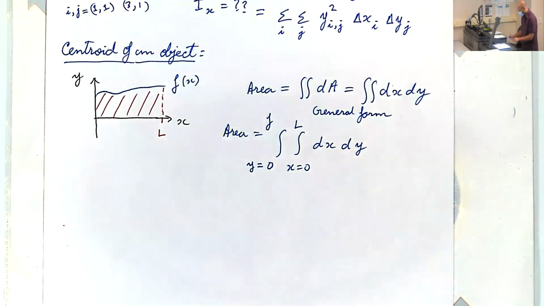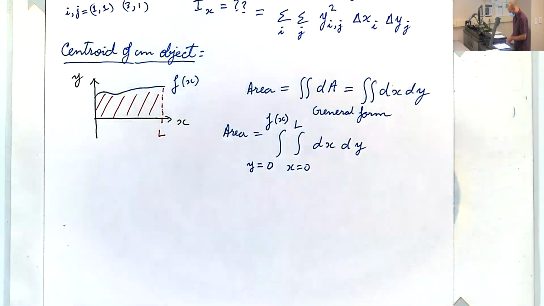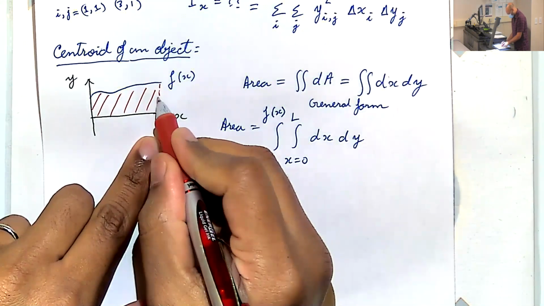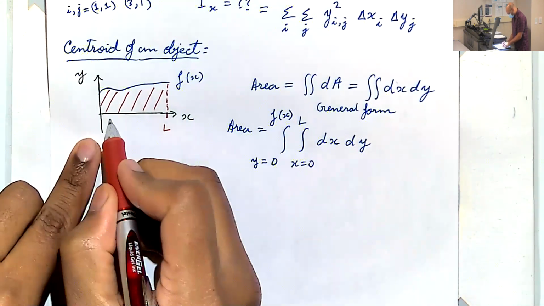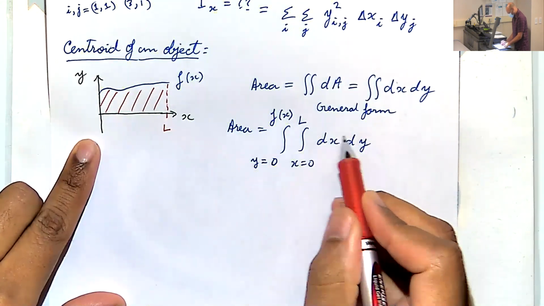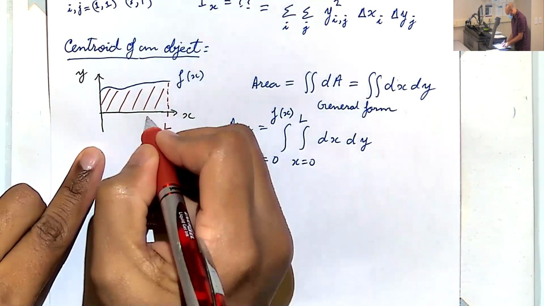No, let me put down f of x, because you cannot put f of L here since that's only true when x equals L. For a general x location, it's still f of x. That's what this integration is doing: we're basically taking strips all over the place.